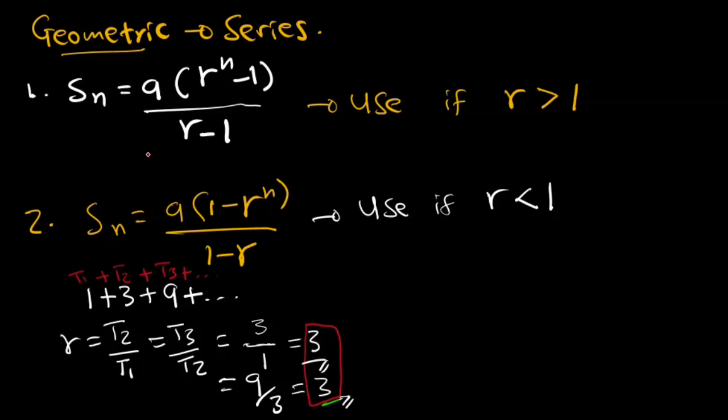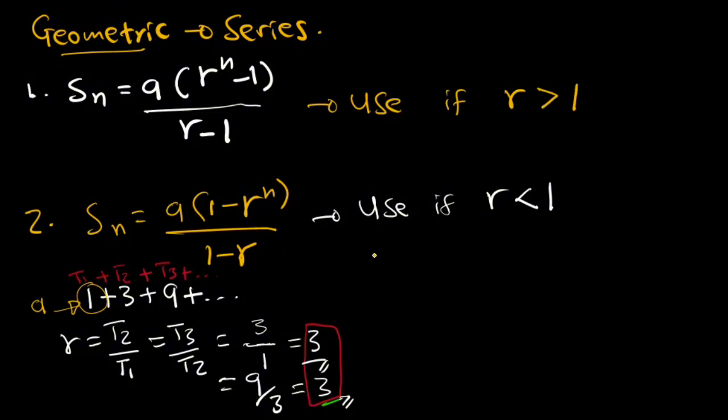From these two equations, you know how to calculate the value of R. For a geometric series, A is always your first term. Now, you know how to calculate the value of A and the value of R. Right?